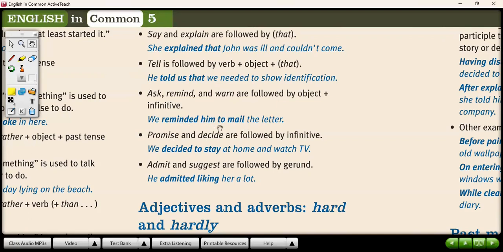Promise and decide are followed by the infinitive without an object. Example, we decided to stay at home and watch TV. Admit and suggest are followed by the -ing form, the gerund. He admitted liking her a lot. Okay?